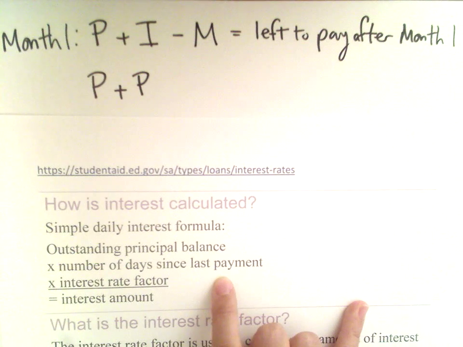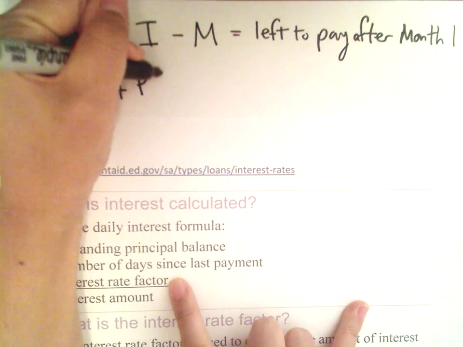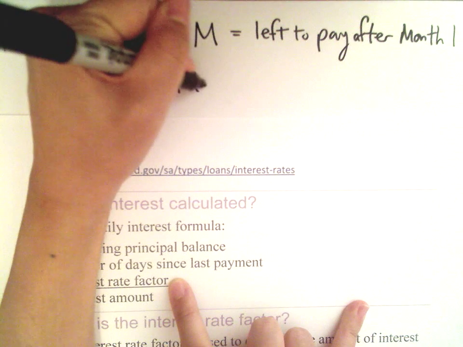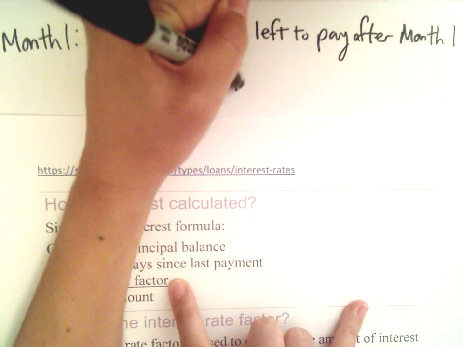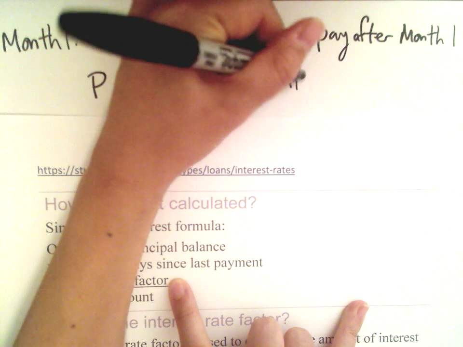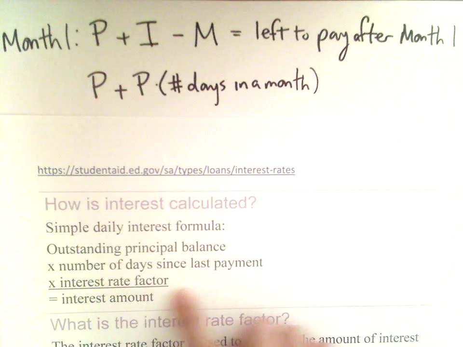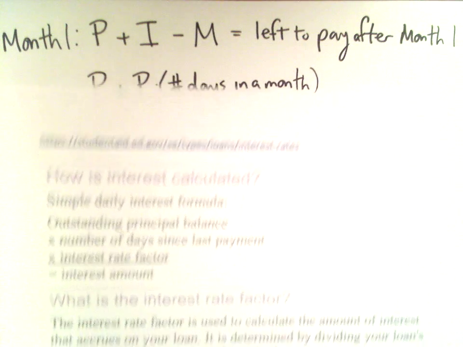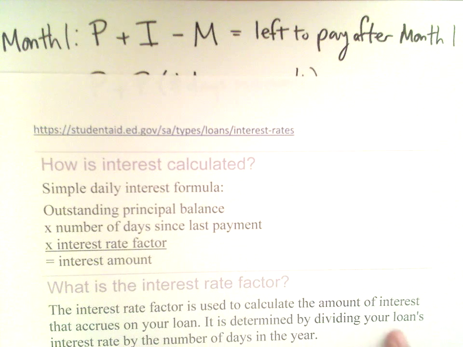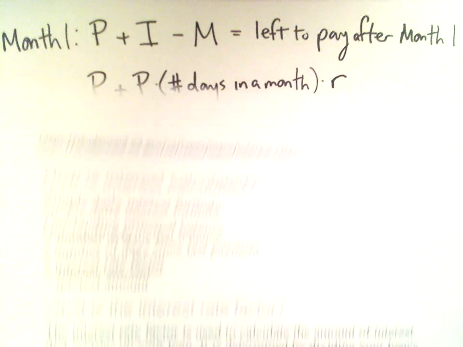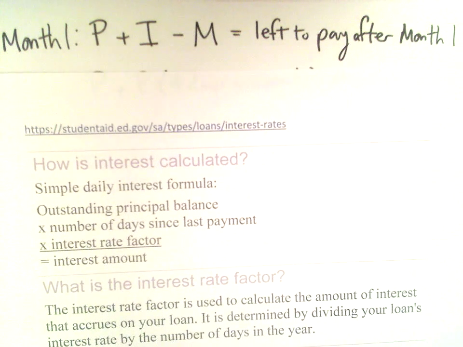We're paying every month, so that is going to be times the number of days in a month. And then it's times the interest rate factor. It says down here that it's determined by dividing your loan's interest rate, so times R, by the number of days in the year.